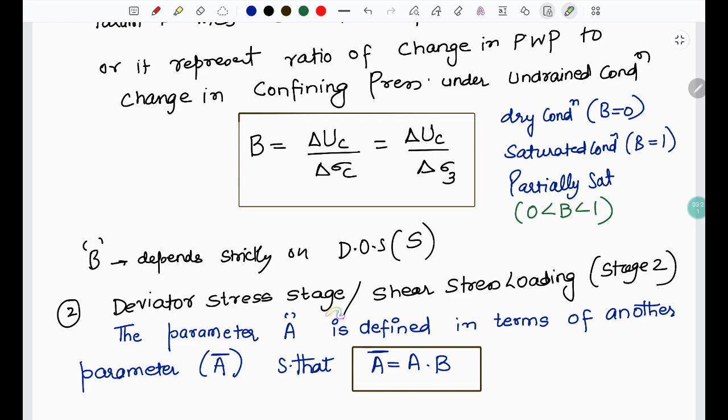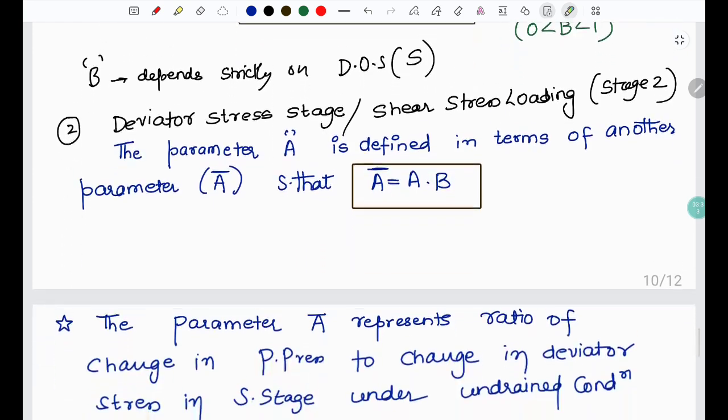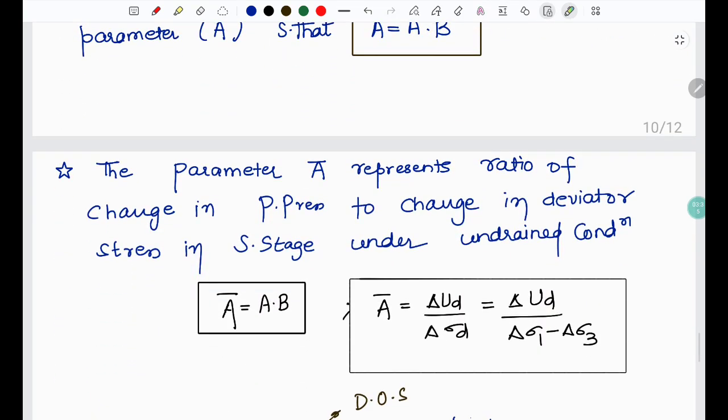Then there is the deviator stress stage, the second stage, or the shear stress loading, that is stage 2. In this, the parameter A is defined in terms of another parameter A bar, where A bar is written as A into B. Now the parameter A represents the ratio of change in the pore pressure delta U D to the change in deviator stress delta sigma D. We know that in the second stage sigma 3 is acting from everywhere, and then we apply sigma D, where sigma 1 is sigma D plus sigma 3.